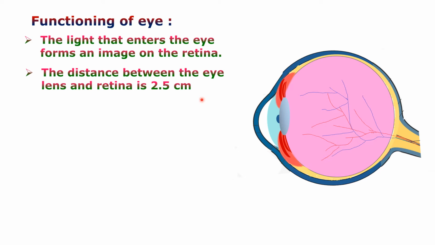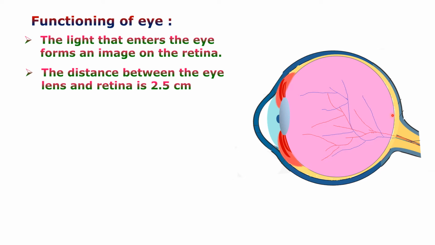That means the eye has a fixed image distance of 2.5 centimeters. Image has to be formed all the time at the distance of 2.5 centimeters only.